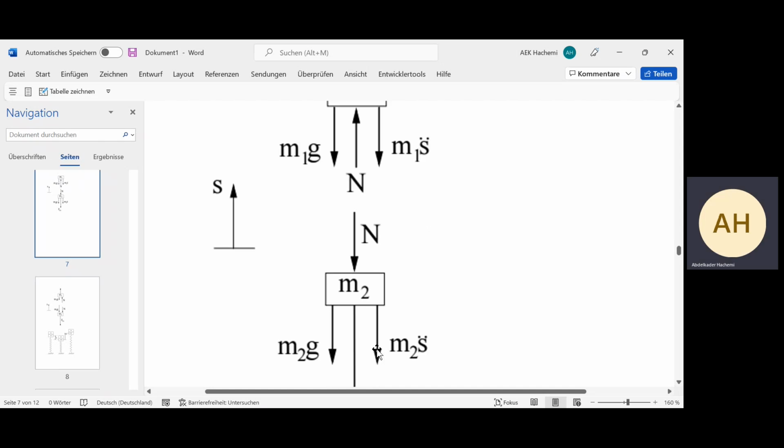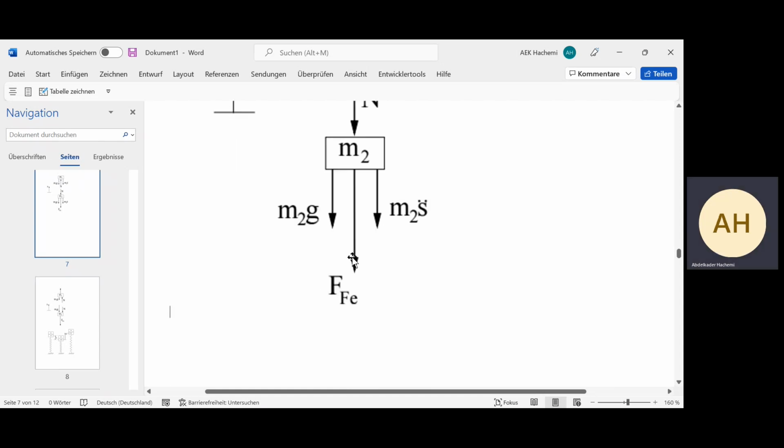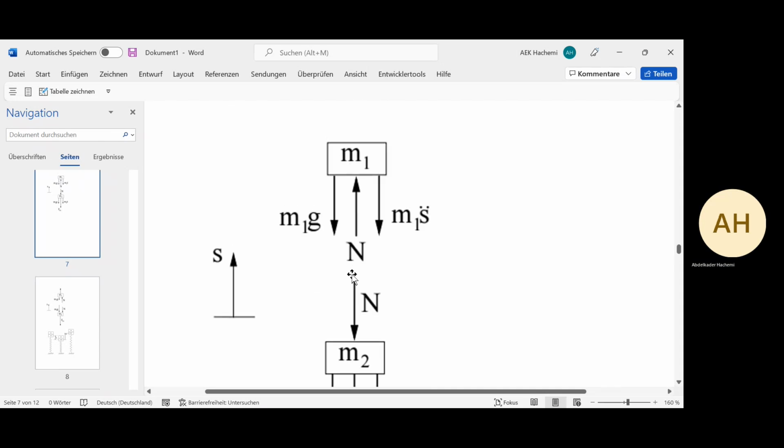Then for M2, we have the weight, M2 multiplied by G, the D'Alembert force or inertia force, M2 multiplied by the acceleration, and the spring force.